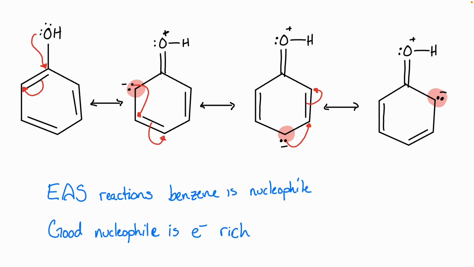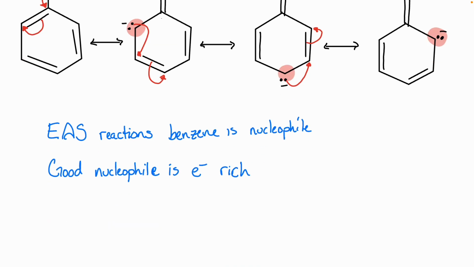So that electron donating group is going to make that benzene ring even more electron rich, but specifically at those two positions, okay? So a good nucleophile is electron rich, and we can say specifically at the ortho para positions.